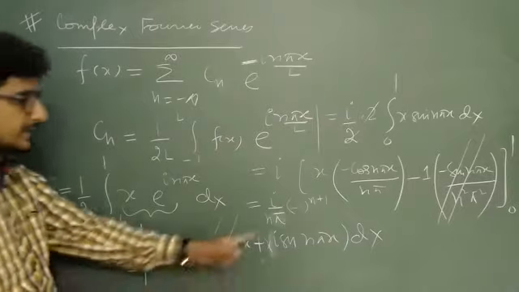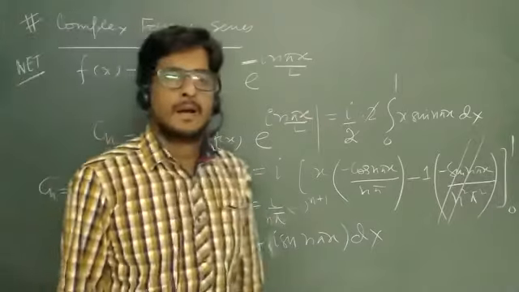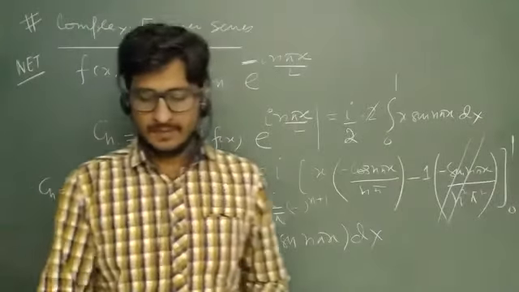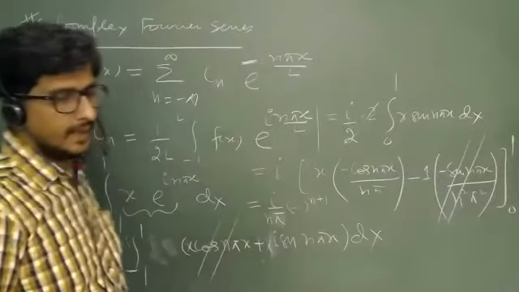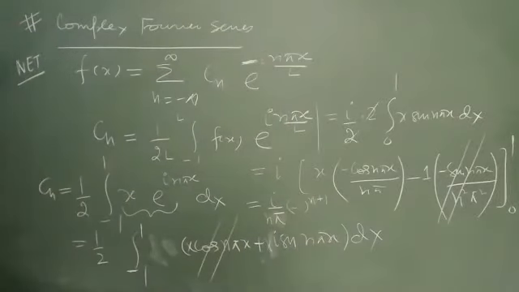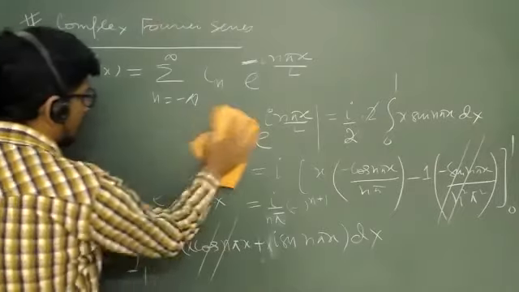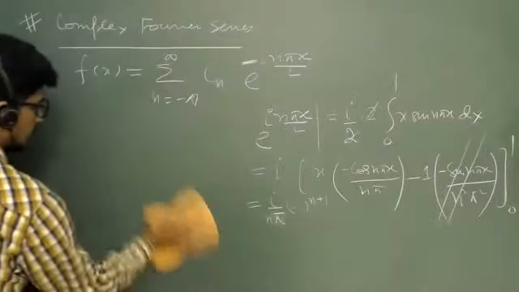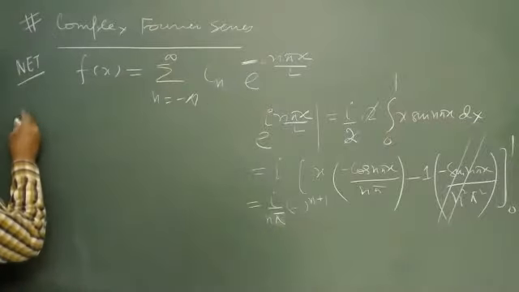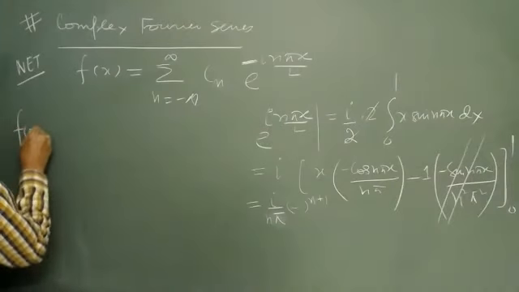Is everybody getting the same? Tell me. See your copy. Are you getting the same? Then we can afford to write the series using this. So f(x) starts from n negative, right?